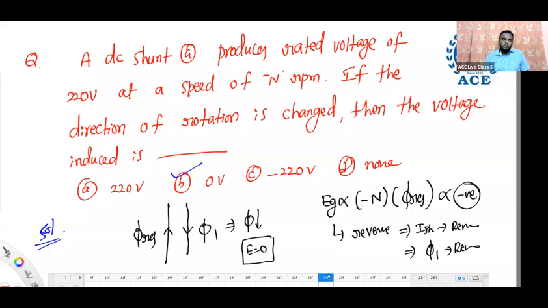After one more question, all your doubts will be cleared. See, for a motor, no problem. Don't think of a motor here, because for a motor you are giving supply. If you change the supply accordingly, the direction of torque from the motor will change. These conditions are not for motors, only for generators.